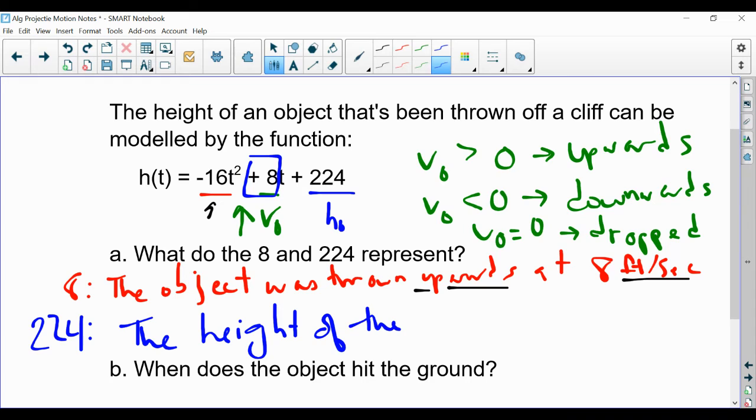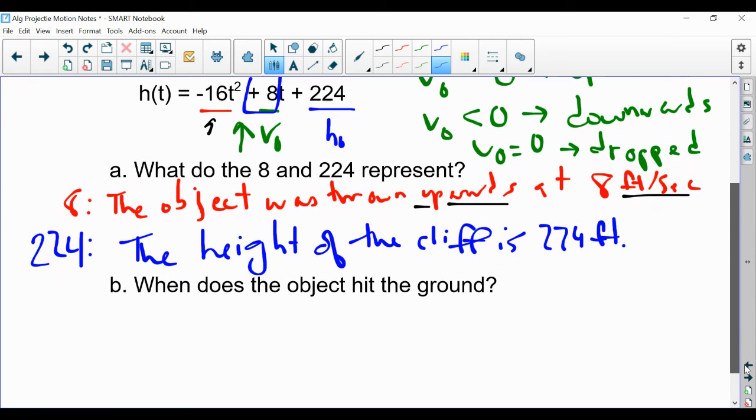That's a big cliff. Now, I guess that really does kind of ignore the height of the person who's throwing it, but for all intents and purposes, we can just go with the height of the cliff is 224 feet.